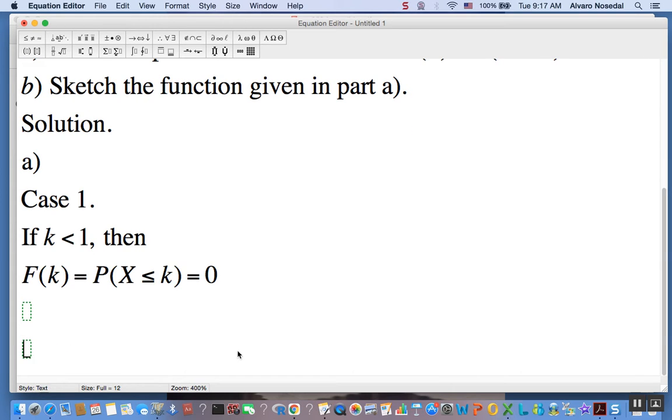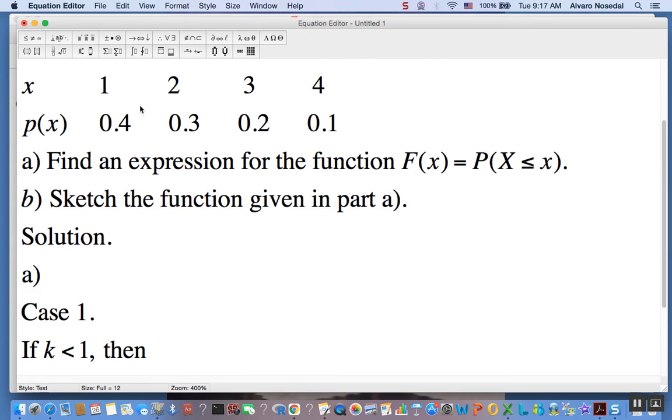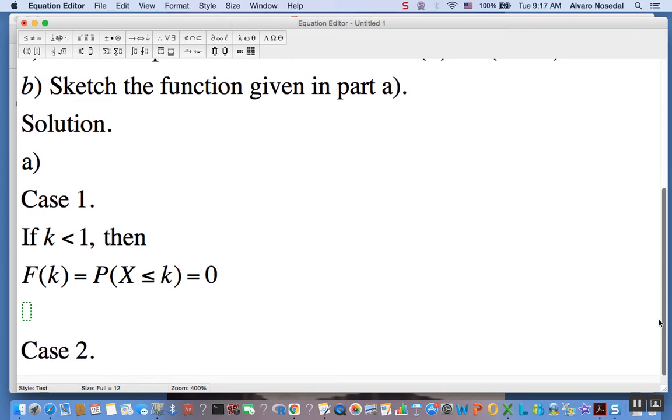Now let's move on. Let's talk about the next case. Now, how about we take a value that includes 1 and is less than 2? So if we have a k that lives between 1 and 2, including 1.